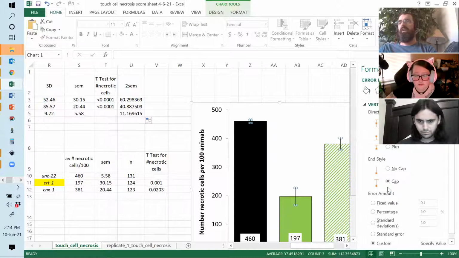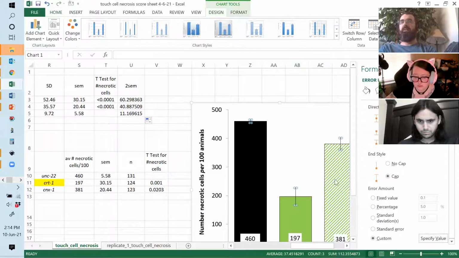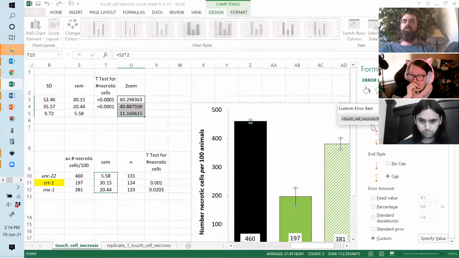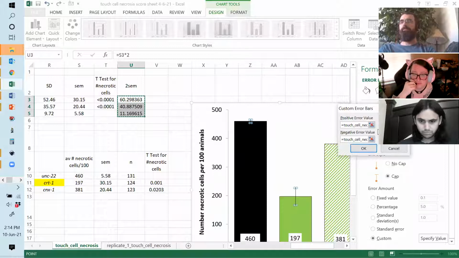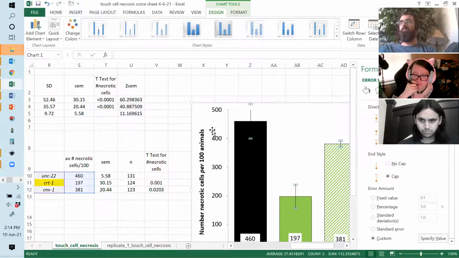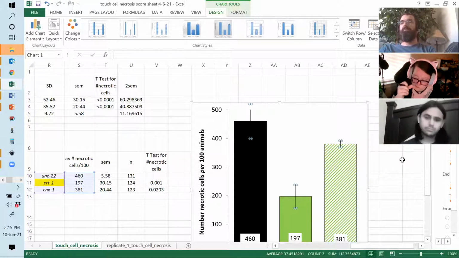That will bring up the error bar stuff, or you can do the other way of going to design and add chart element. And I'll just show you what it looks like essentially. There's one. Hit return and hit return again. And so that's what plus or minus 2 SEM looks like.